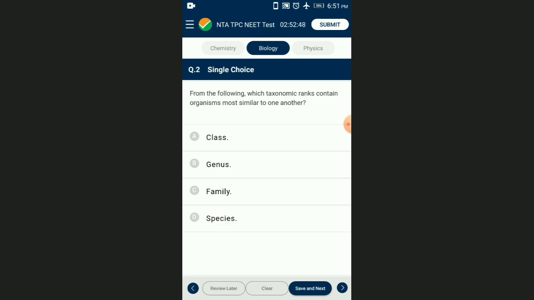However, the variety was abandoned and four new categories were introduced. Thus, the seven obligate categories in descending order. Species is the basic taxonomic category which consists of individuals that resemble one another more closely than individuals of other species. So the answer for this question is option D, species.